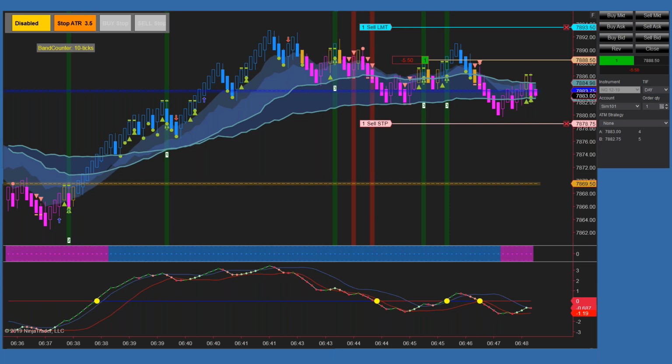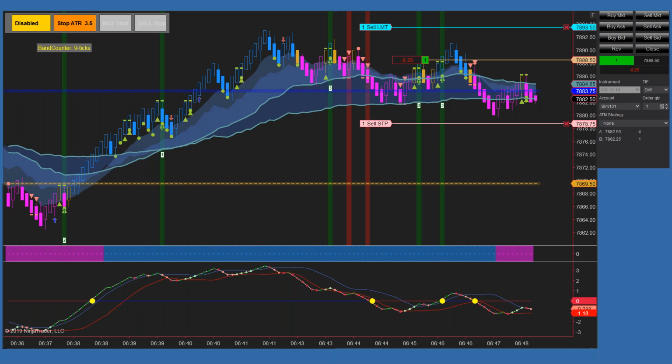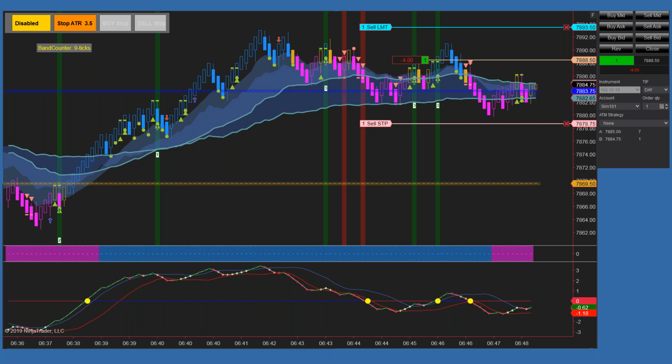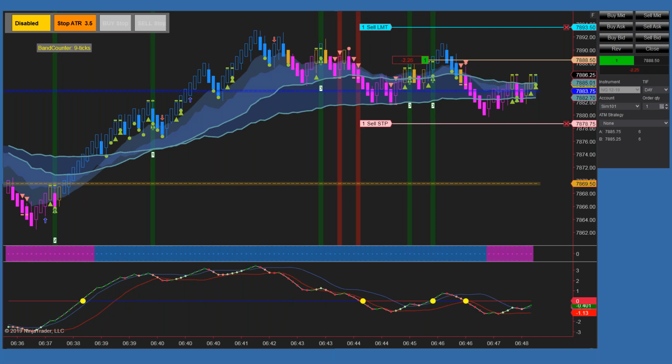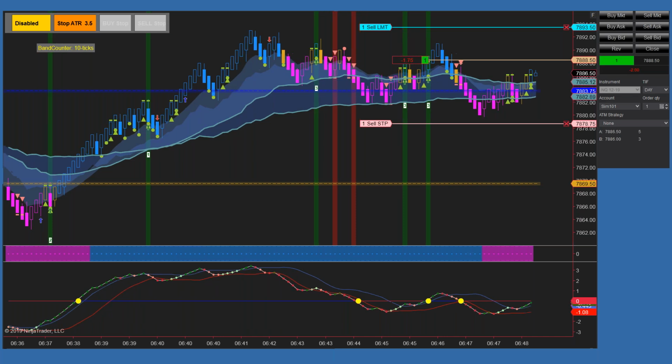I rarely look at the market during opening range. I usually walk into the office at the top of the hour, fire up my charts, and then take a look at what's been going on since the market opened, see if I can discern a range, see if I can discern a trend.